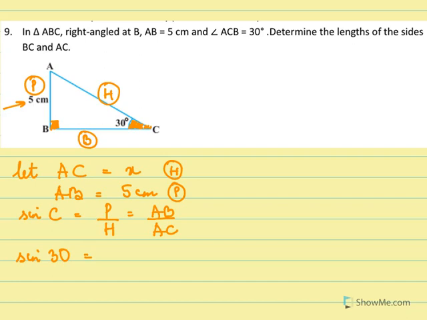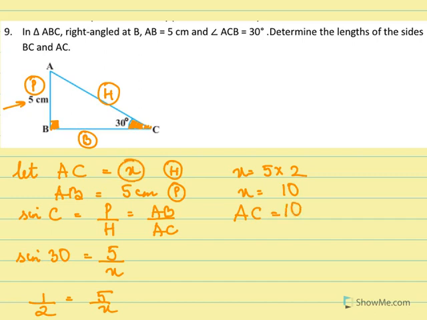So C we know is 30, so sine 30 is AB over AC. AB is 5, AC we don't know, we put it as x. So sine of 30 is 1 by 2, equal to 5 over x. So we have x equal to 5 into 2, and x equal to 10. And you remember your x was AC. We have taken AC as x here, equal to 10.